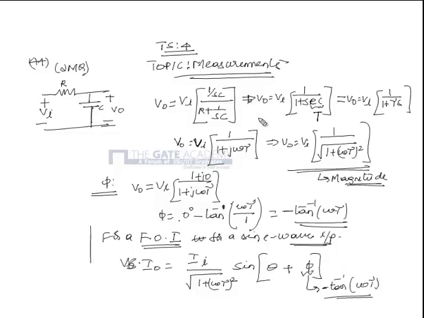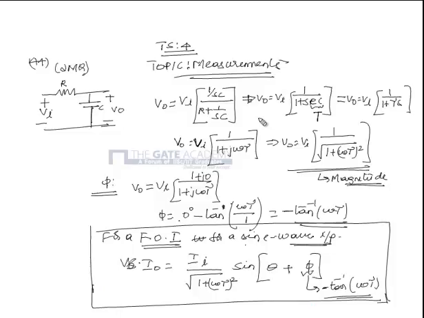So for a first order system energized by a sine wave, I sin omega t, the output is the input magnitude scaled by that factor, and there will be a phase shift introduced by phi.